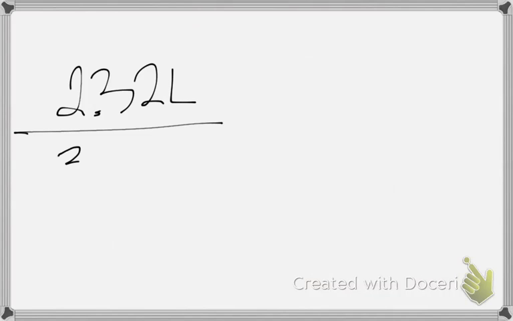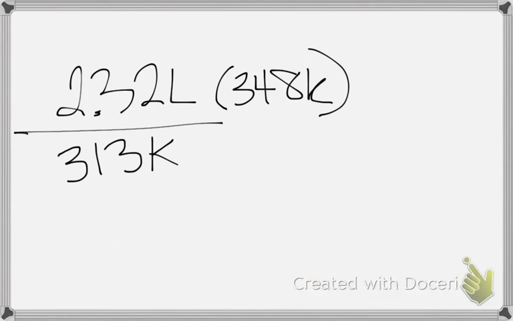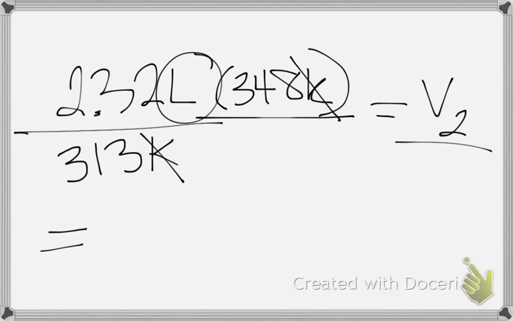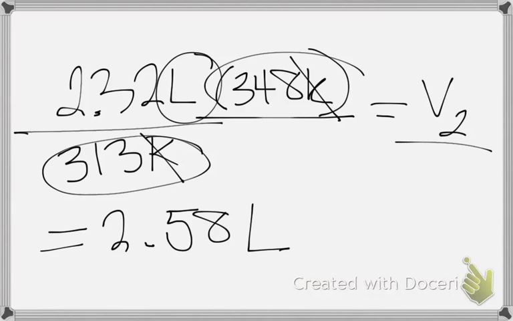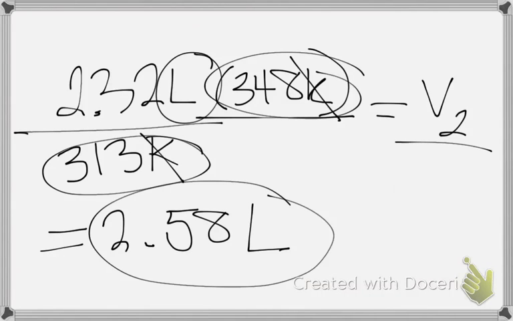So that's going to look like 2.32. As you can see, the Kelvins cancel out and you're left with 2.58 liters, which makes sense because your temperatures are increasing, so you would expect your liters to increase as well.